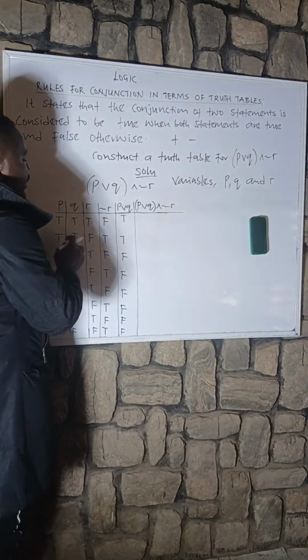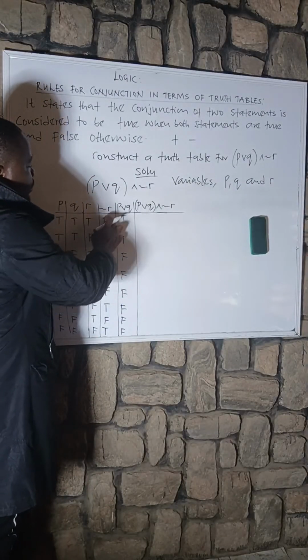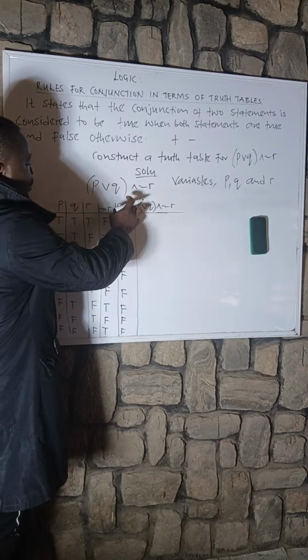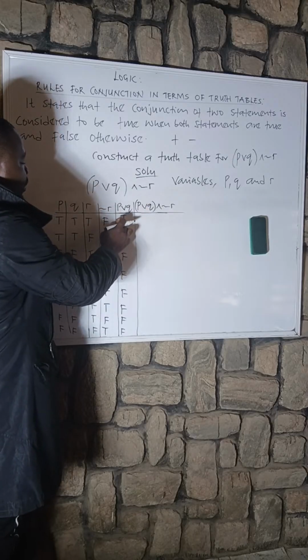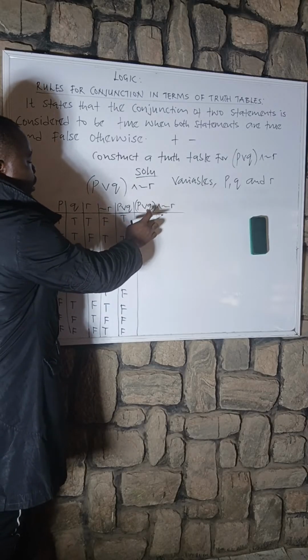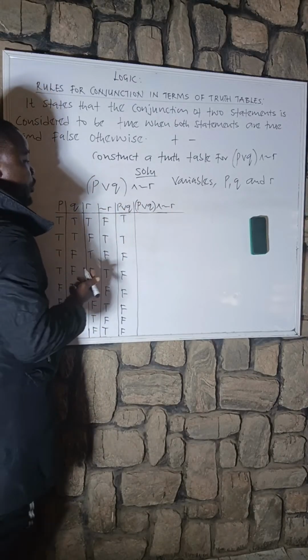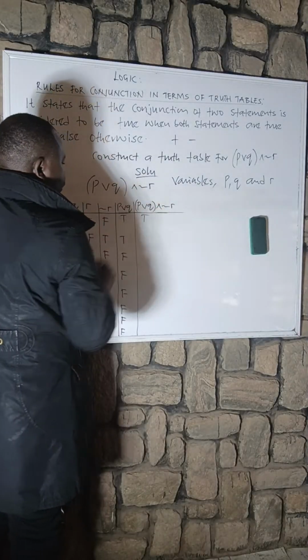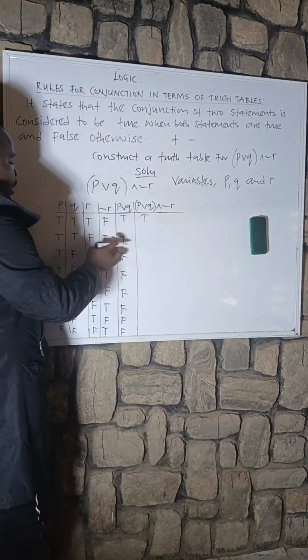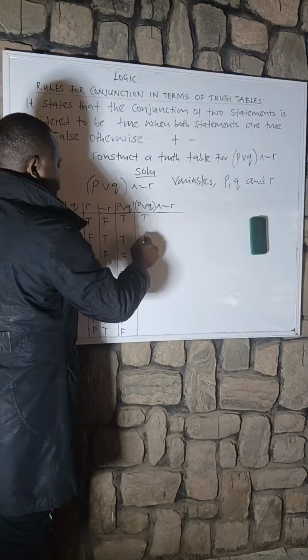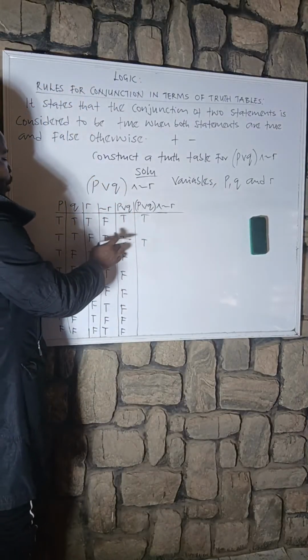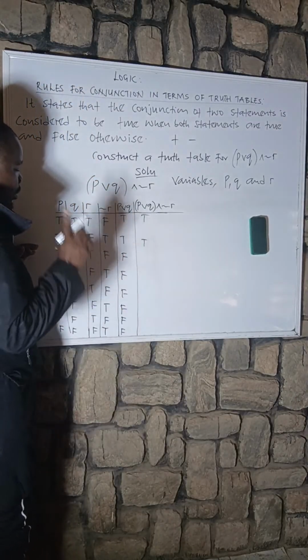So look at this. The negation column says false, then the P conjunction Q column says true. So what are we going to write? What's supposed to be here is true. Then the same thing here is true, because it is only false, false that gives false.